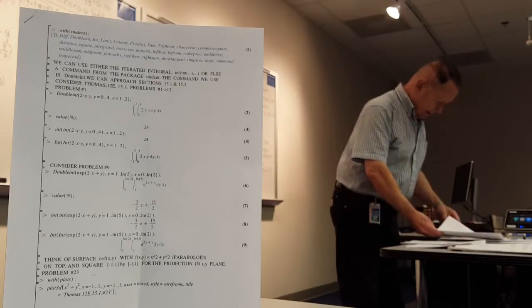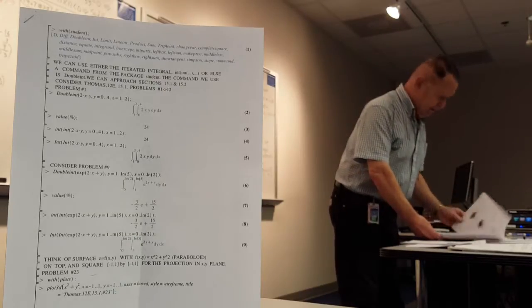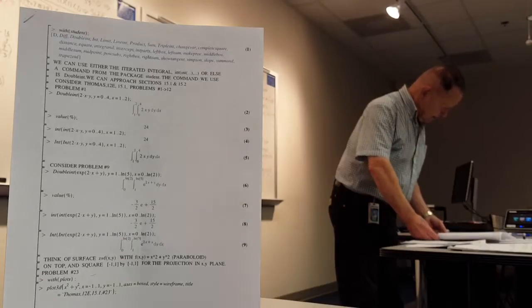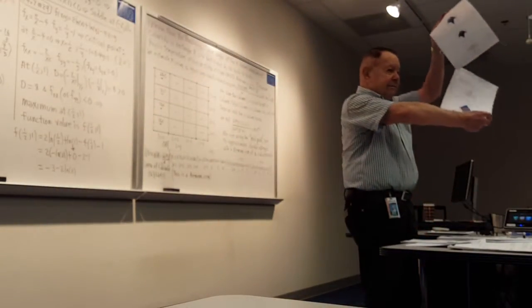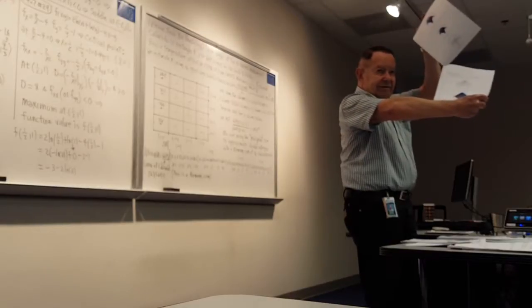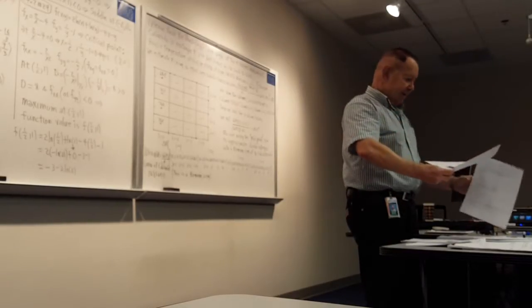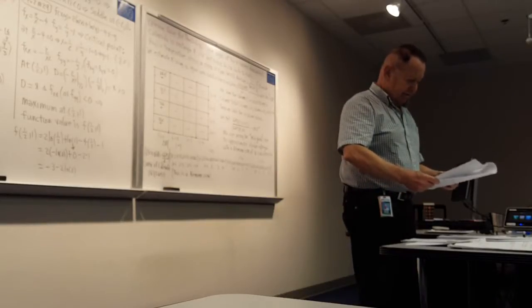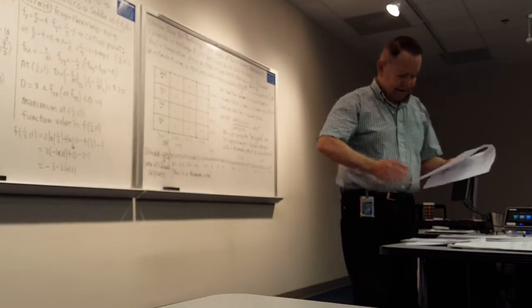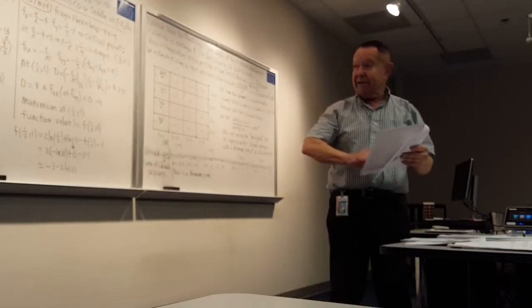Then the next one I have is problem 23, and then the one after that, which is on the front of the second sheet of paper, is the 24 that we just did. So if you look at 24, you can see the Maple picture that corresponds to my sketch.